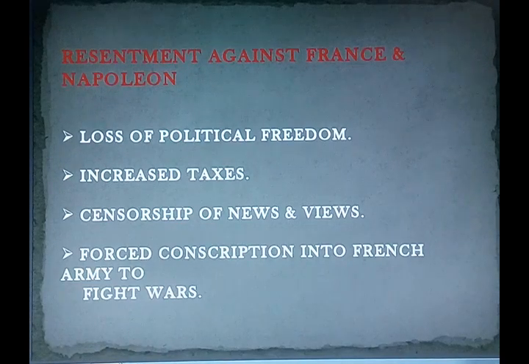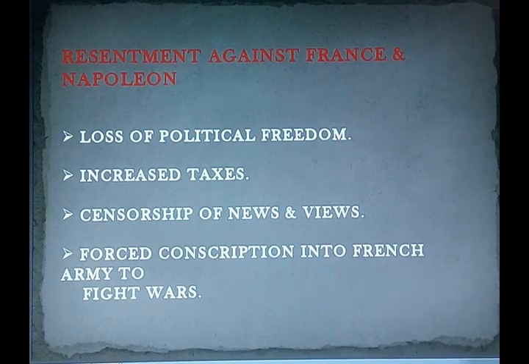This is a very dangerous thing, because when you censor the media or the news or the views, what you are basically doing is creating a dictatorship rule. You do not want people to criticize you or your policies which are wrong. Now Napoleon was like that. So people just felt that the news being produced was all controlled, edited, censored by the Napoleon government.